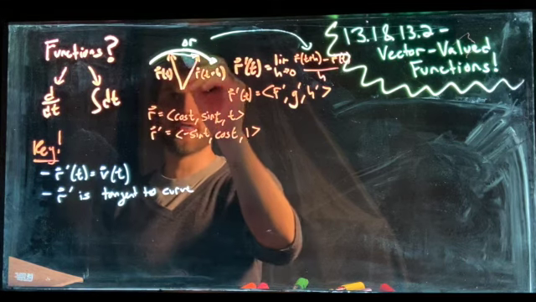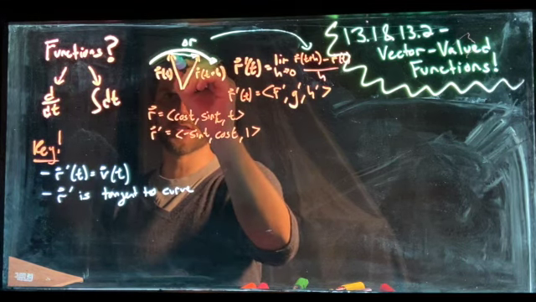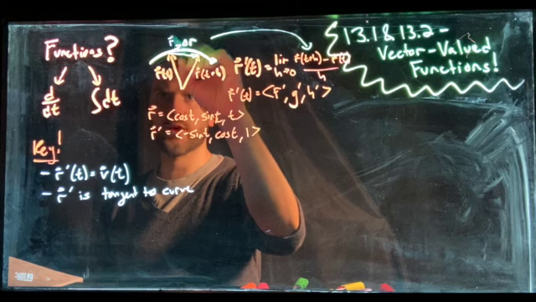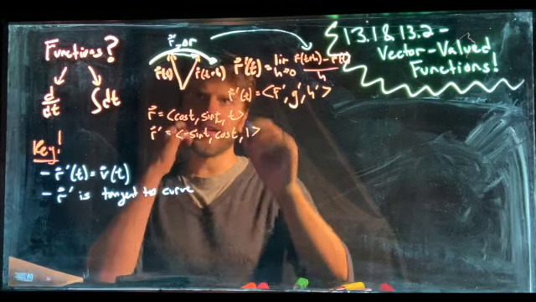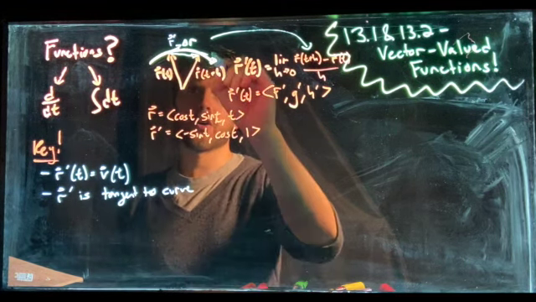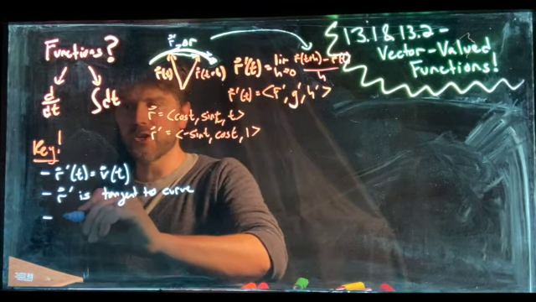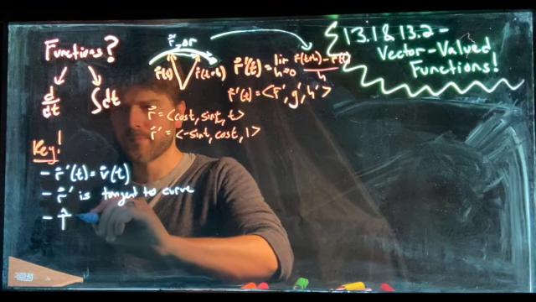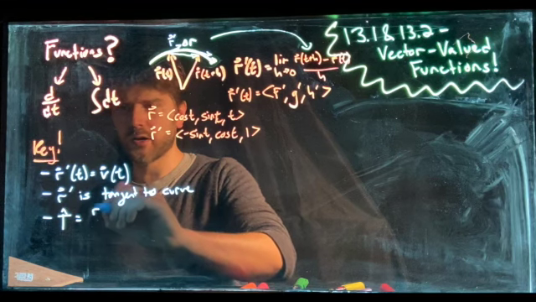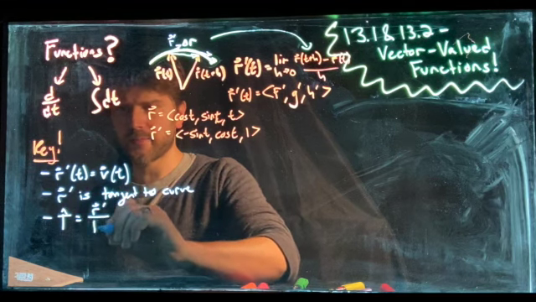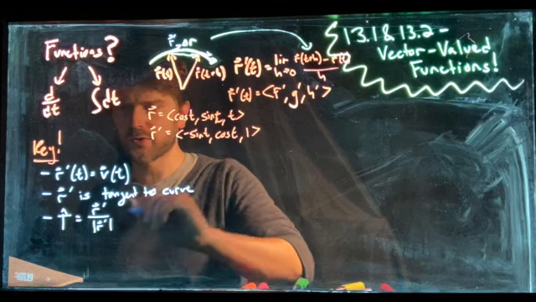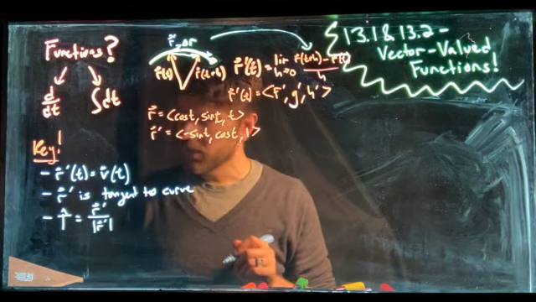It tells us which way we are moving at any given moment along a curve. We can therefore define a unit tangent vector as being r prime divided by the magnitude of r prime, and we'll have some use for the unit tangent vector soon enough.